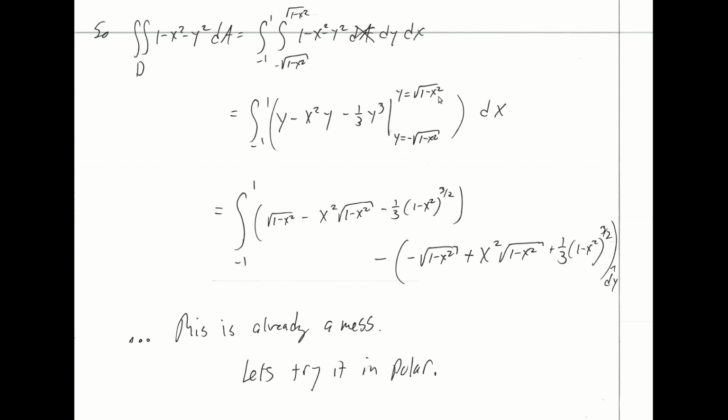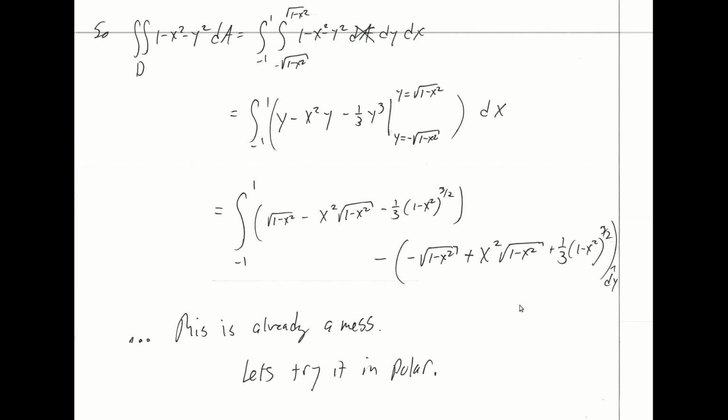I plug those limits of integration for that inner integral in, and I end up with something that's fairly bad looking. This is going to be twice this root minus twice this product, x squared times the root of 1 minus x squared, and then minus 2/3 of this expression to the 3/2 power. You'll see that the signs all line up nicely, and that's why I'm doubling each of these expressions when I combine these.